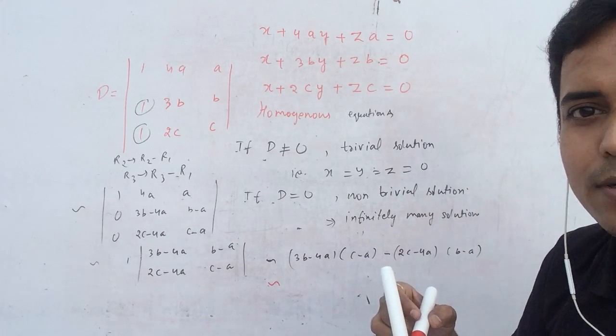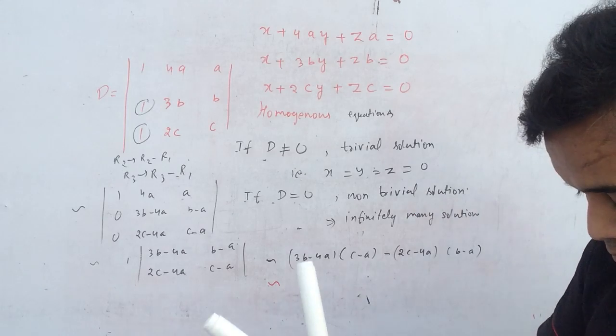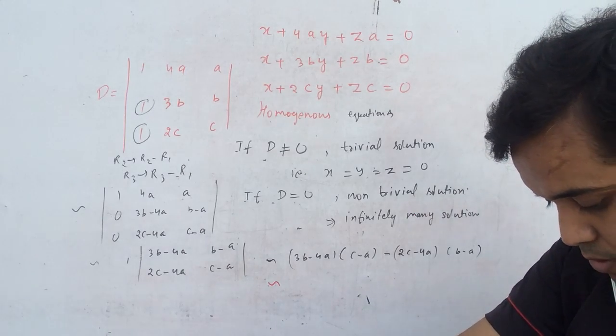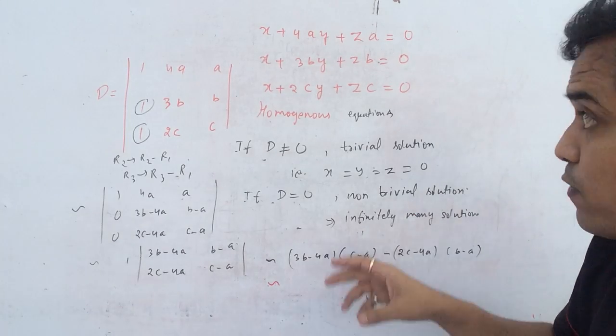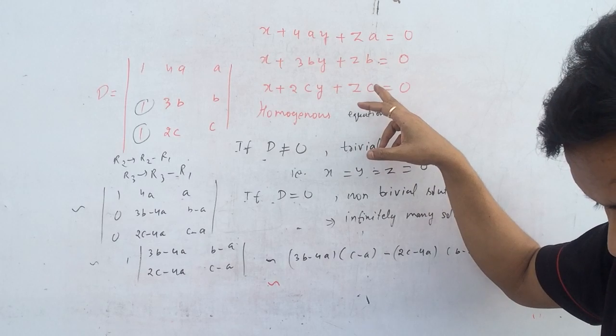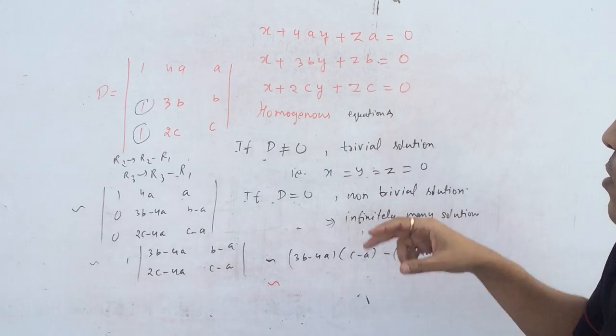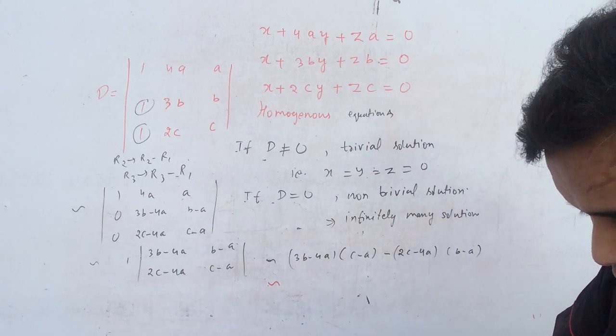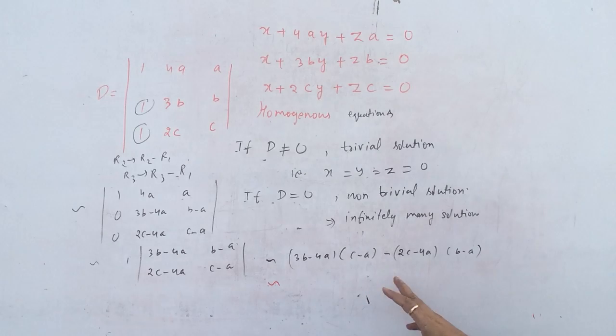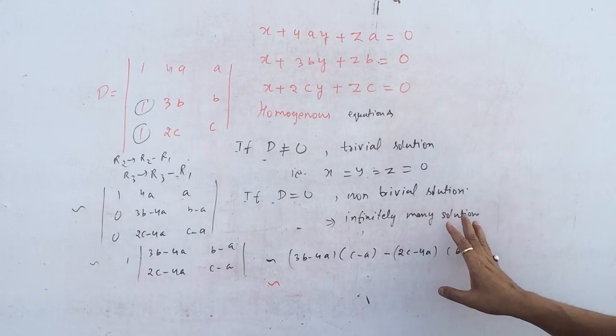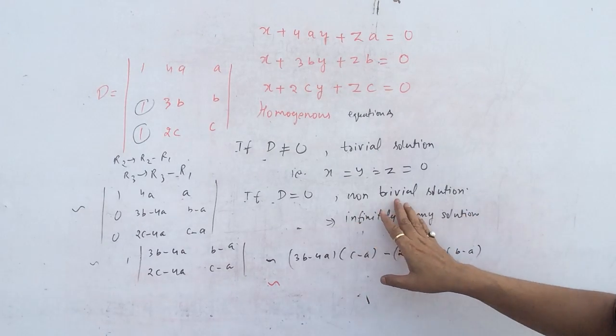Okay, in order to solve this question, first you need to write the question. If the system of linear equations has a non-trivial solution, then the determinant d is equal to 0.